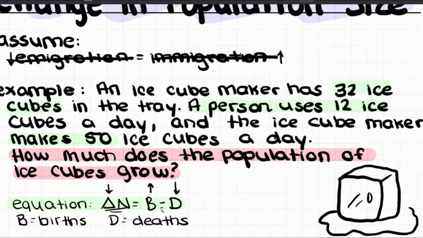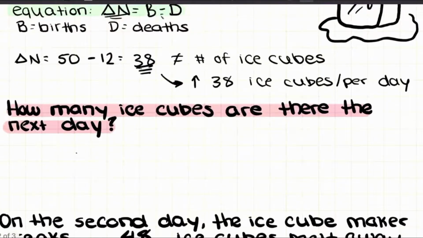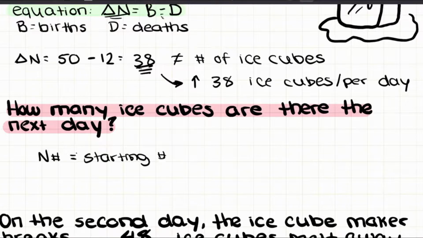So now we can say that the population size the next day is going to be equal to the starting number plus however many there were per the number of days. Right?